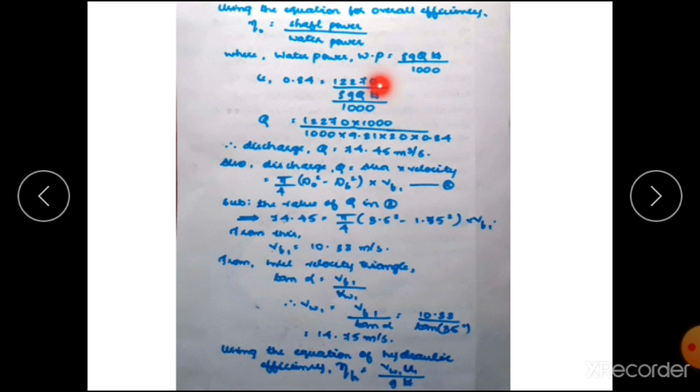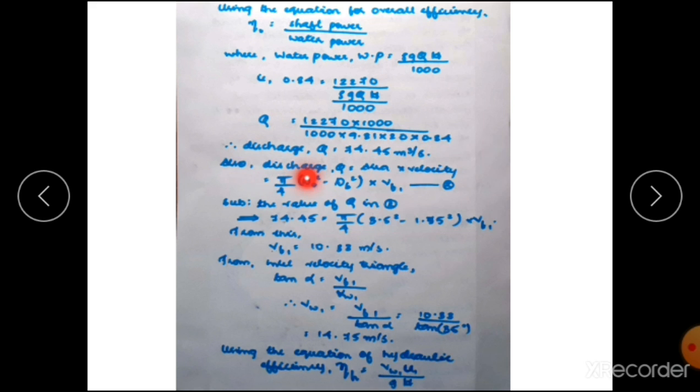By substituting eta 0 as 0.84, shaft power as 12,270, density of water as 1000, g as 9.81 and head as 20, and rearranging, we get the value of discharge as 74.45 meter cube per second.